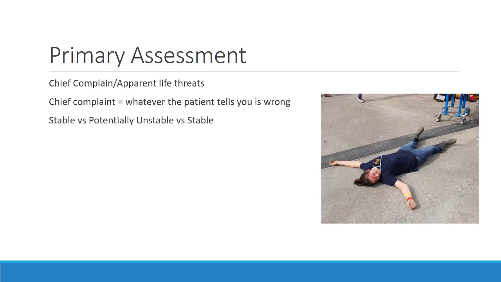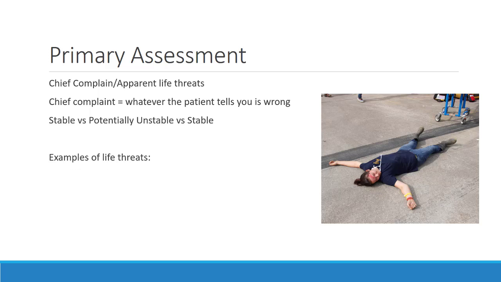Stable versus potentially unstable. So this is important to determine right away. Are they stable? Are they potentially unstable? And we will talk more about this as we move along, and you'll learn to put these in better context as we learn about a variety of medical and traumatic conditions.